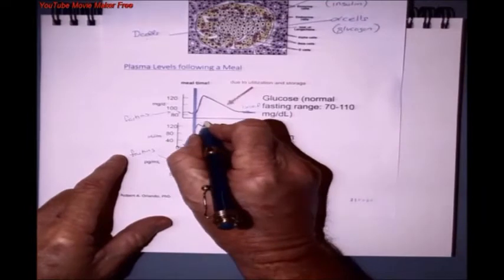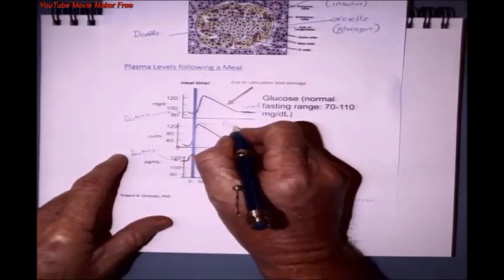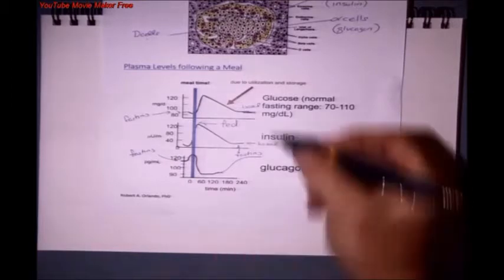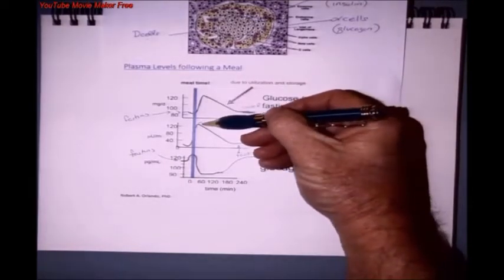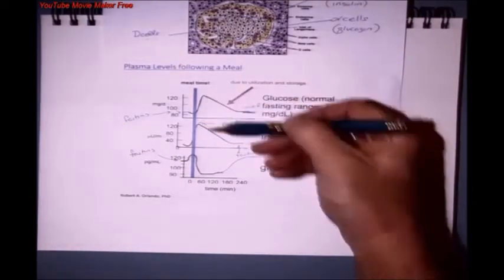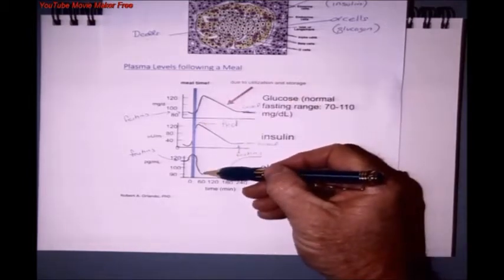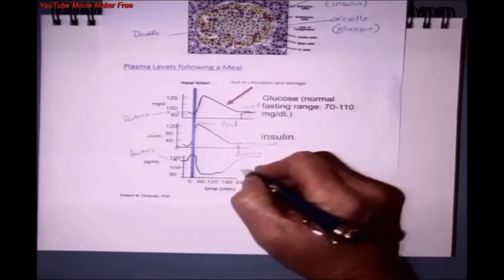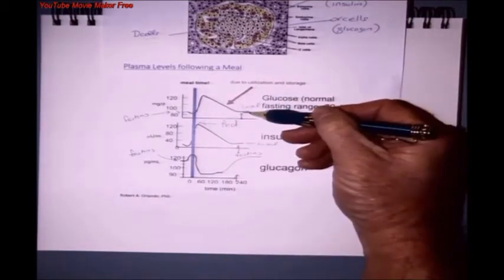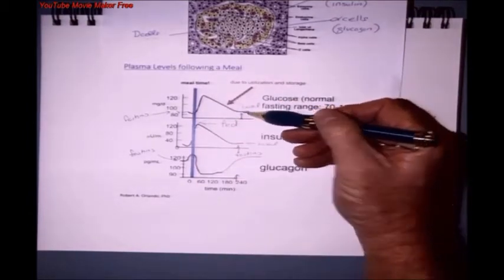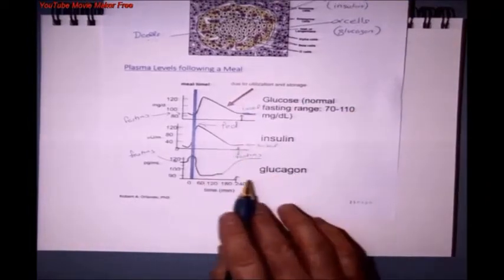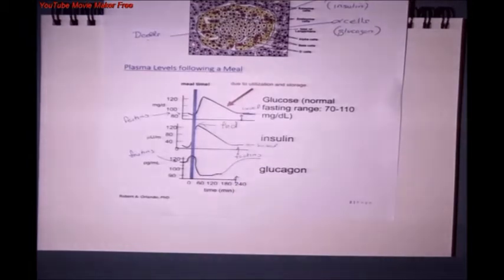So during the fed state, fed being dictated by your glucose levels being high, insulin levels are also high in the fed state, glucagon levels are low. When we enter the fasting state at this point, our glucose levels are back down to normal. Insulin drops, glucagon levels return to their high level.